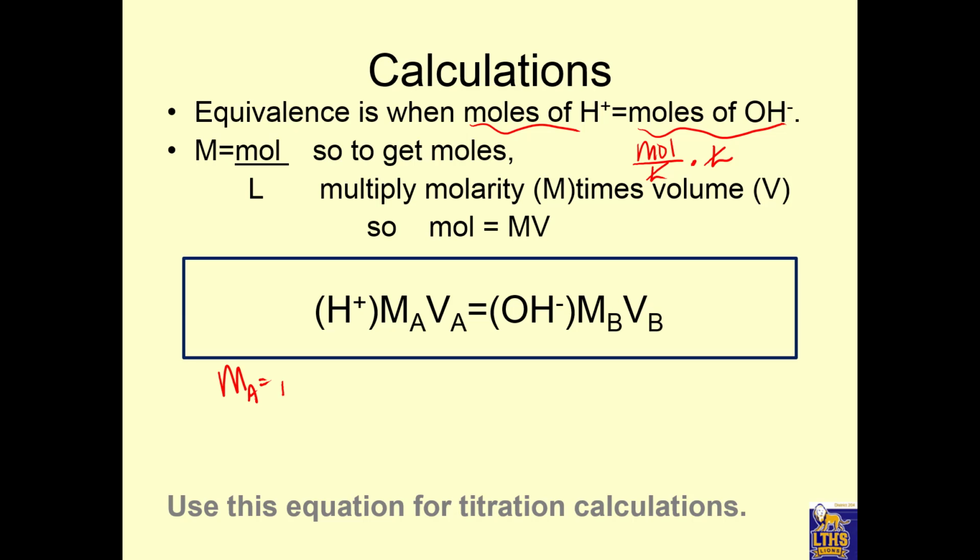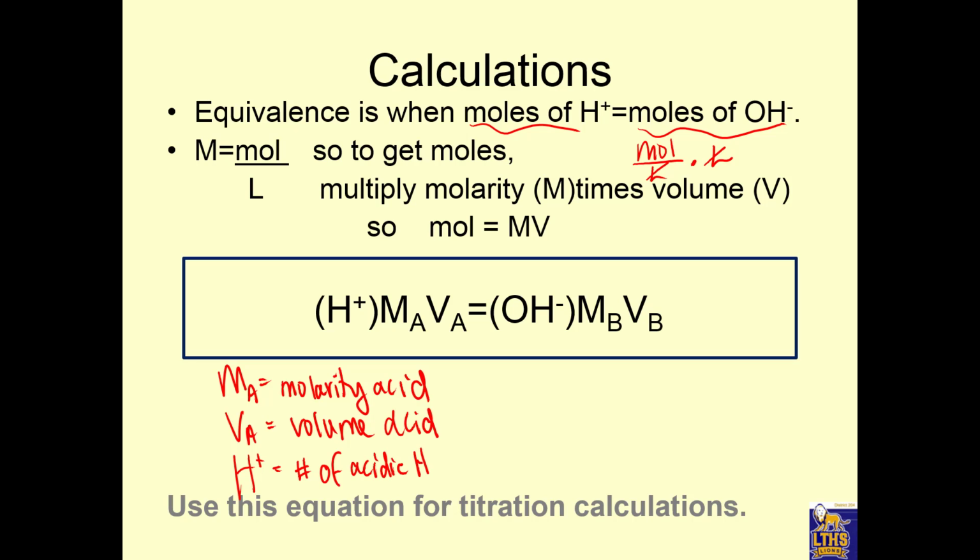So let's look at what these variables mean. Ma is molarity of acid, that's the concentration. Va is the volume of the acid in liters or milliliters. H+ is just a number, the number of acidic hydrogens. Mb is the molarity of the base.